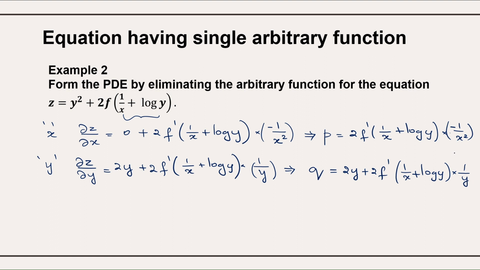So how to eliminate the arbitrary function from equations 1 and 2? From equation 1 we can write f dash of 1 by x plus log y is equal to minus p divided by 2 into x square.